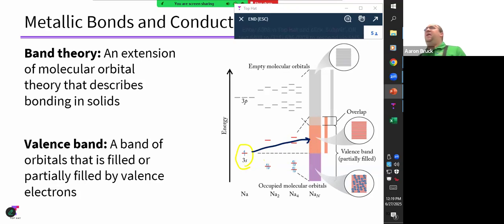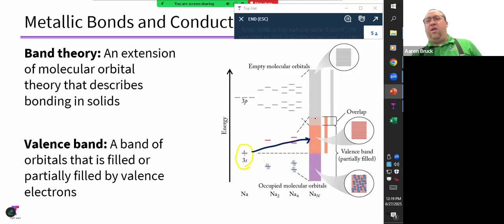And so what band theory tells us is that the reason that a metal can conduct electricity is that there is no gap in its bands. So the valence band and the occupied band here, those are full of electrons.